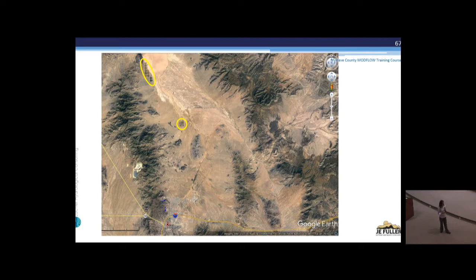I haven't tested it yet, but if I were going to site a new well field, looking at this, I would say, oh, that makes some sense, and maybe in this area here, being along the edge of this playa makes some sense because it's a barrier to flow, and water tends to pile up there in the groundwater system. So maybe along here, I don't know.